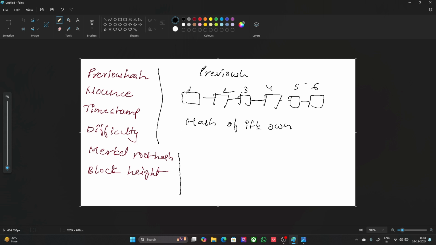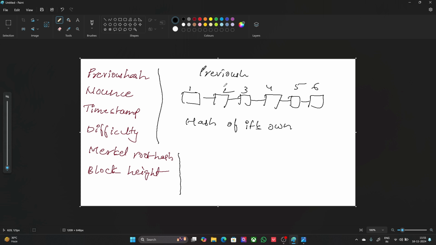Block number one consists of a hash of its own, and number two also consists of a hash of its own, and number three and so on. But to link them, like to link block 1 and block 2, then block 2 and block 3, then block 3 and 4 with each other, there is another part which is previous hash.